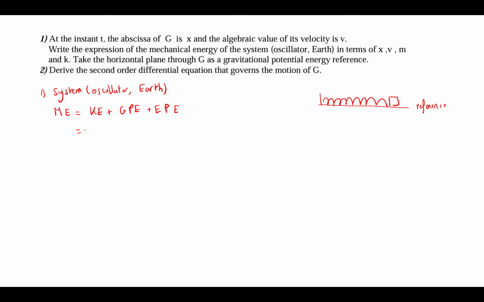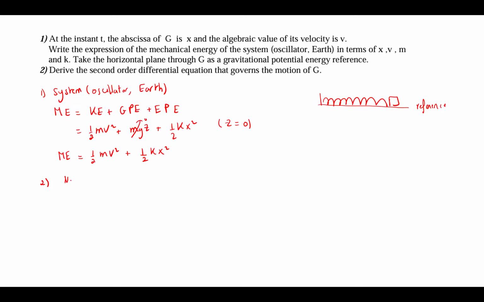So it's half mv squared plus mgz plus half kx squared. We know that we are on the reference, this means the height is equal to 0. So at any instant, the mechanical energy is ME equals half mv squared plus half kx squared.